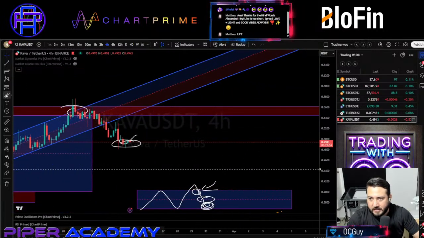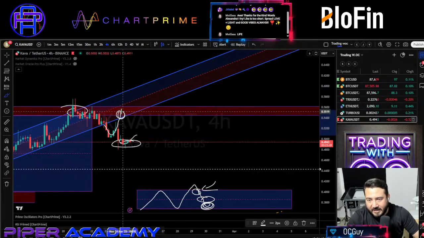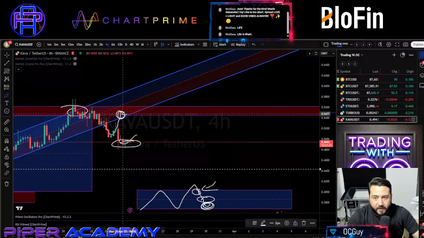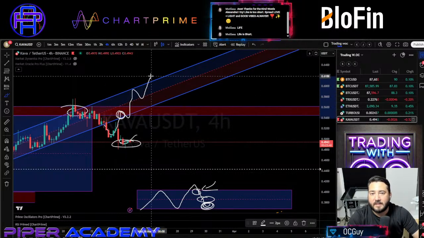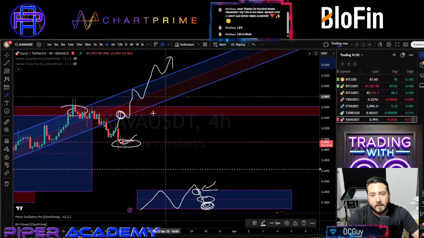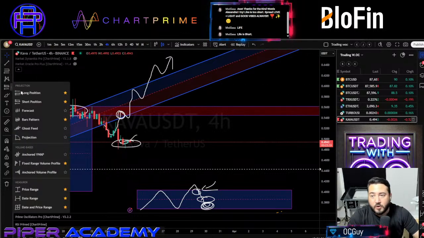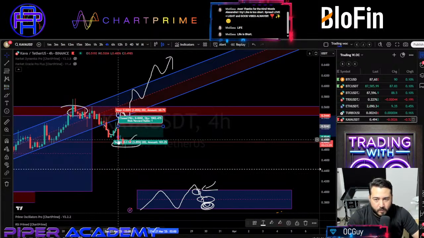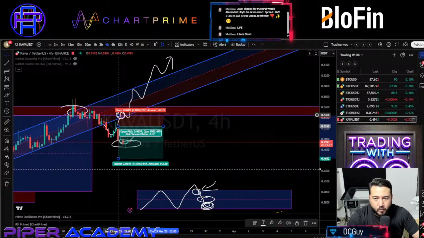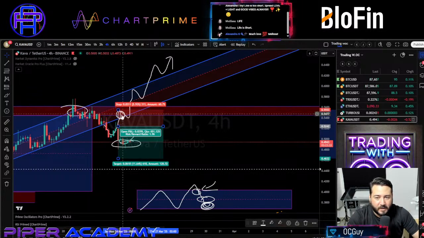So basically, if I would have gone here and closed inside the channel, then I would see maybe another wick in here and then see this. So I want to prevent getting stopped out right here. So when it goes back down here, because we're shorting, remember, let's just go for somewhere around here. Because we're shorting, I want to give myself a little bit of that slack, a little bit within that channel.